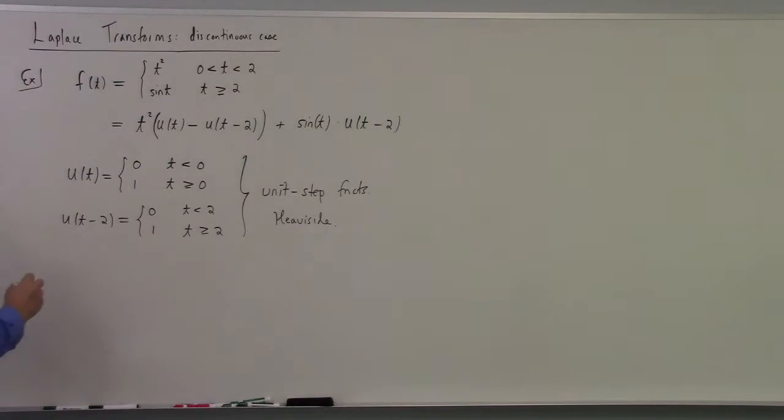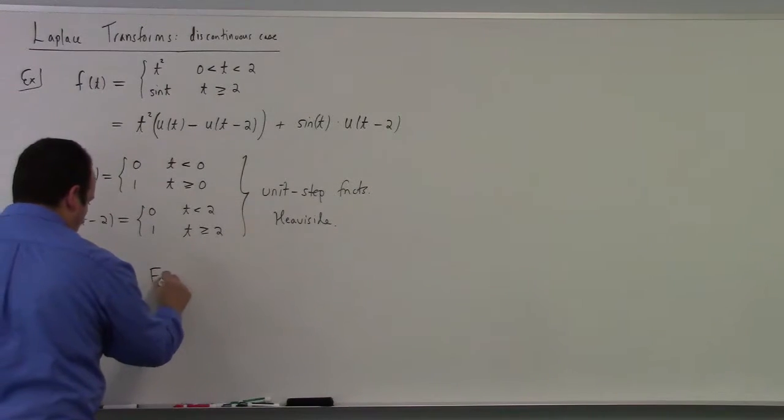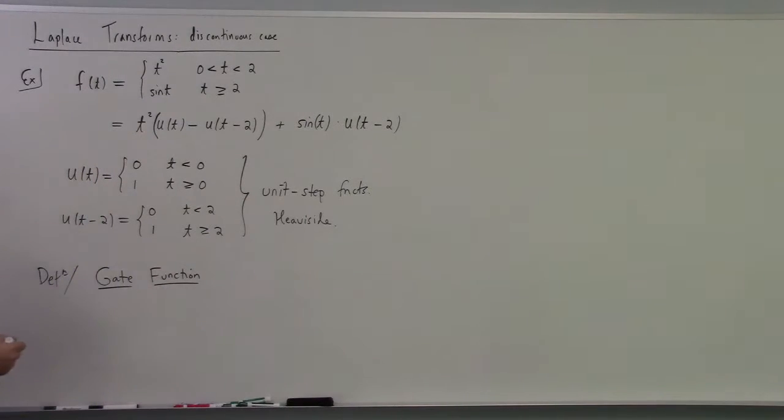Now, I should make a definition here. The gate function. Now, if you look at my solutions from previous years, I don't always embrace this idea, but the longer I teach this, the more I think it's important to make this part of the discussion, just to give this thing a name.